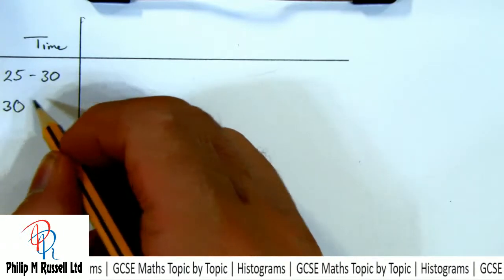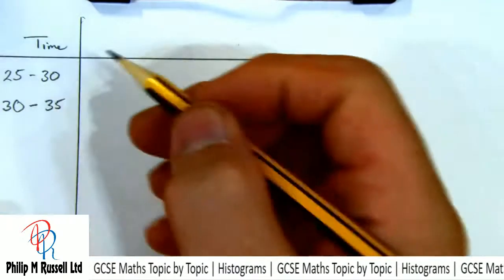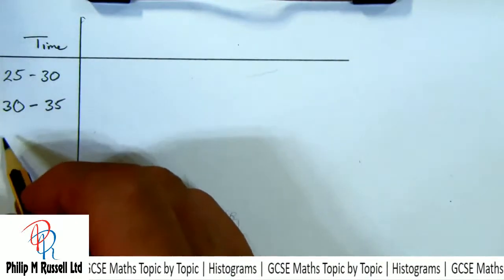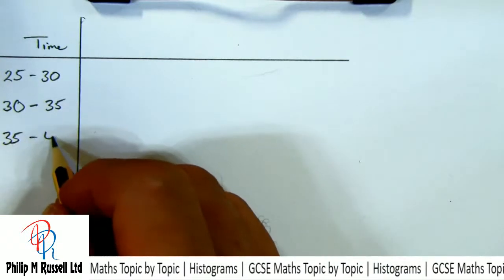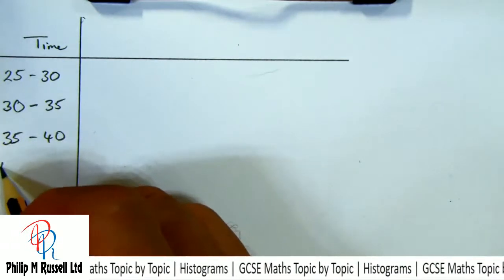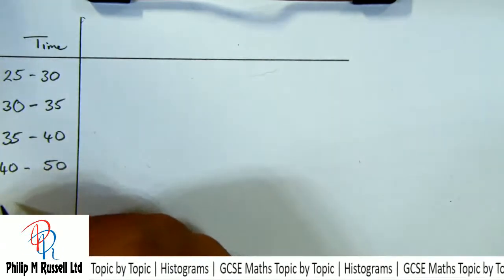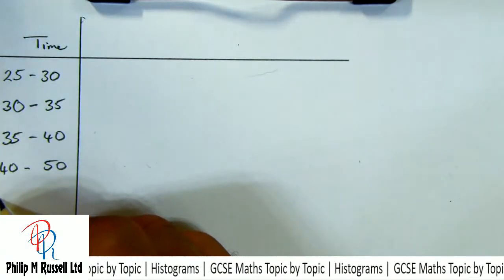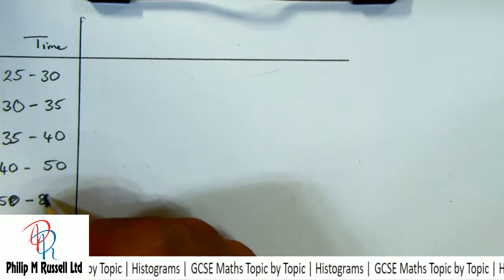I know this isn't going to quite work because I should have less than and greater than or equal to. We're just going to ignore that for the time being. Let's go for 35 to 40. Then let's do something silly. Let's change the range here. Go from 40 to 50, and then we could go from 50 to, I know, 80.